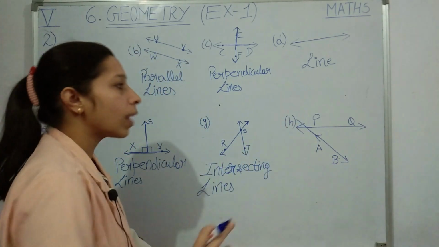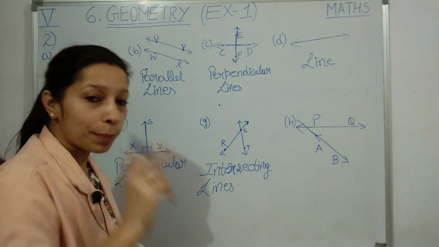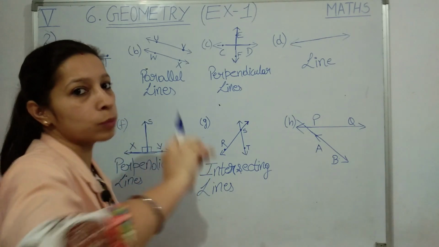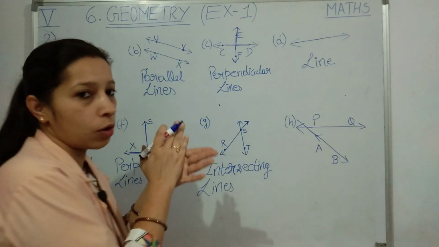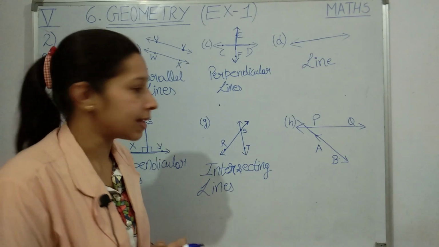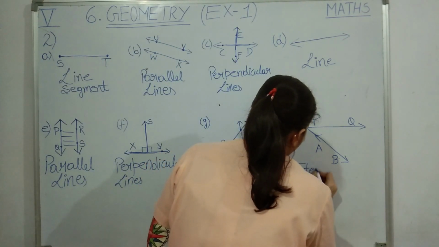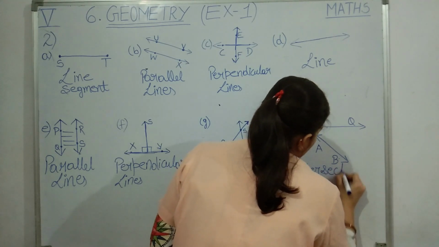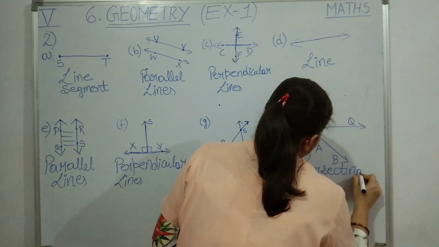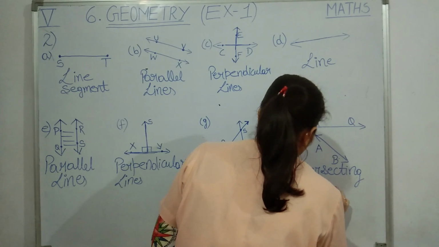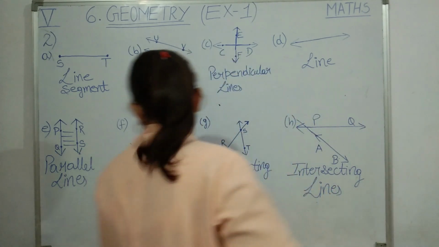So these two lines are again intersecting lines, but when they are extended, when you extend them a little more, they will cross each other, you will get intersecting lines. So these lines are again intersecting lines. Got it? Okay, students.